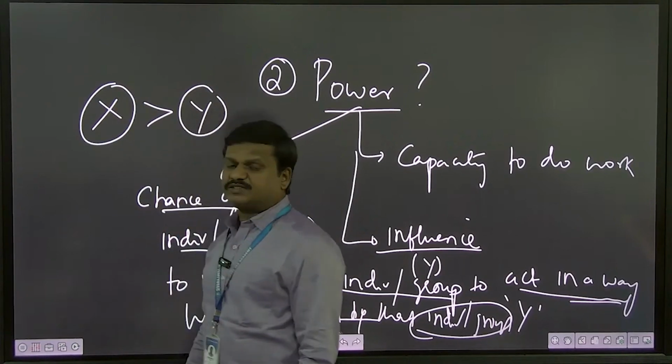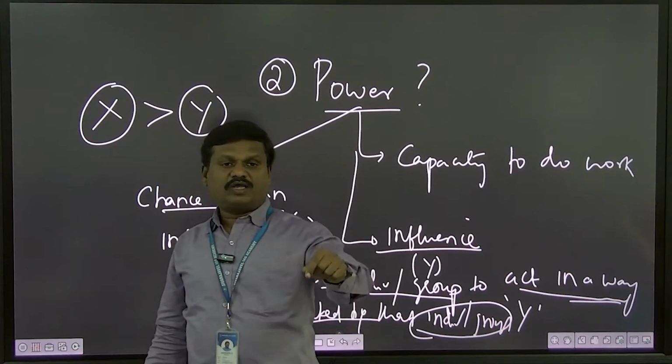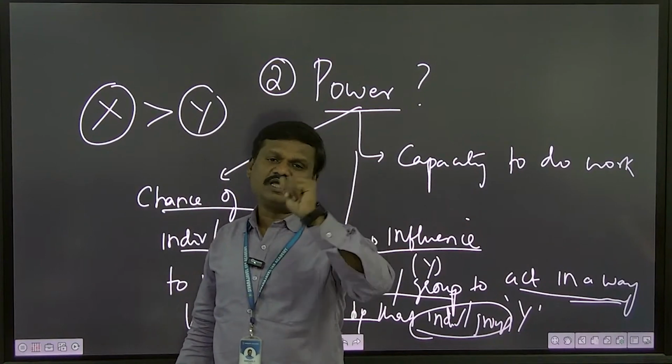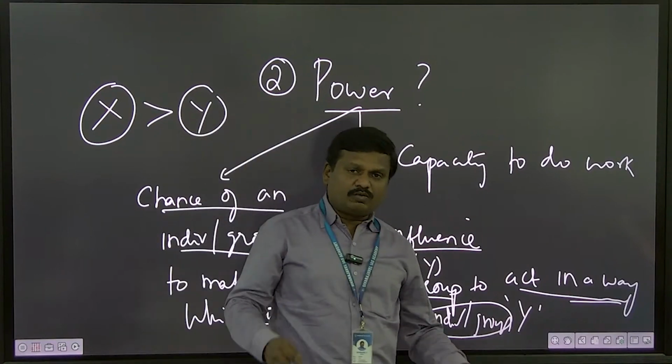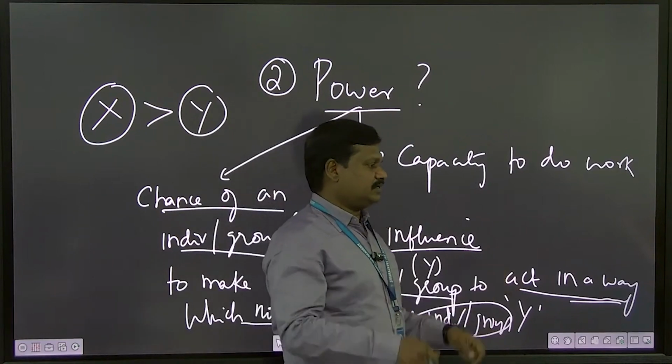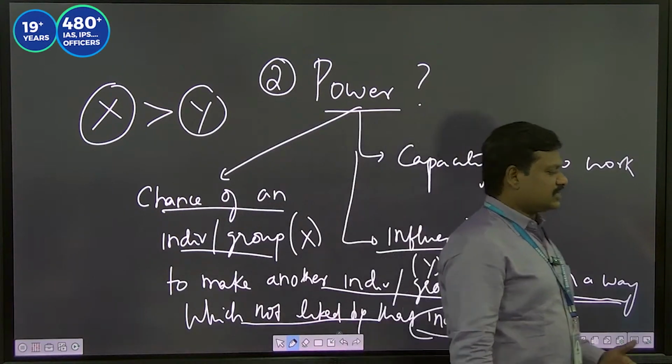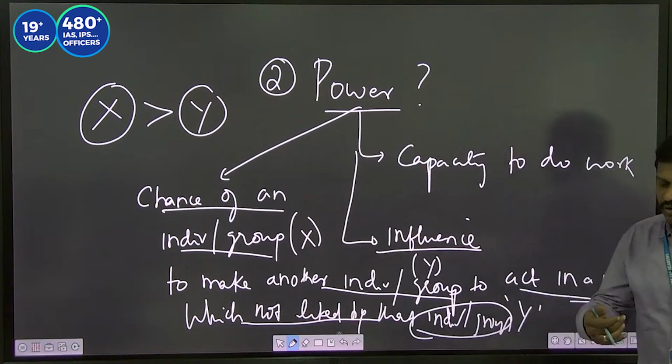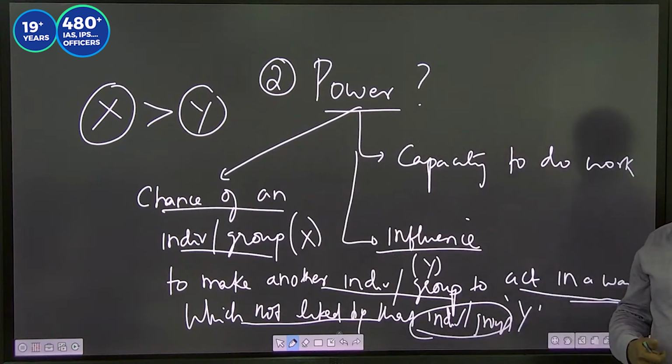Y is doing certain things which Y is not liking. Then why is Y doing that? Because X is compelling. Why should X compel, or why should Y follow the command coming from X? Many questions will come, or not. Why should Y follow what X is telling even though Y is not liking it?